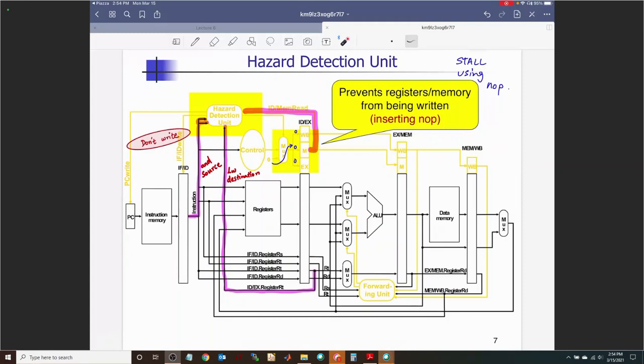So let's take a couple of minutes to see if you have any questions here or not, and then we can move forward. See, by doing this, we are making sure that all the registers or memory is not being written.